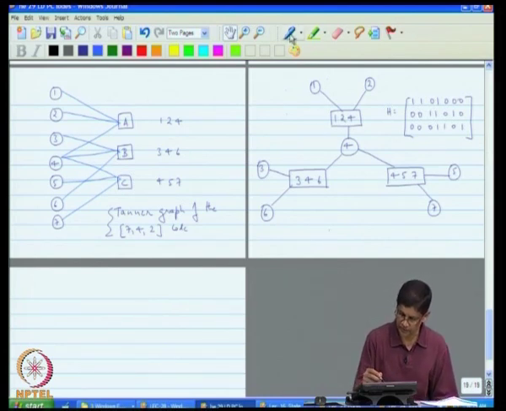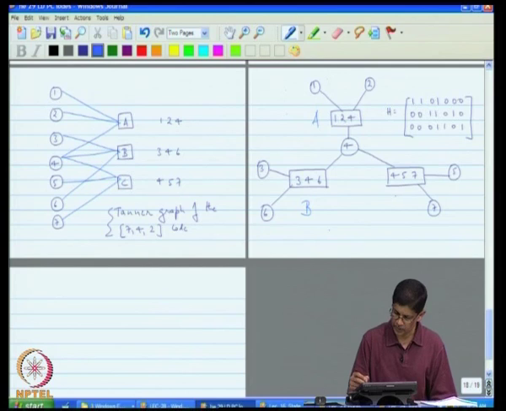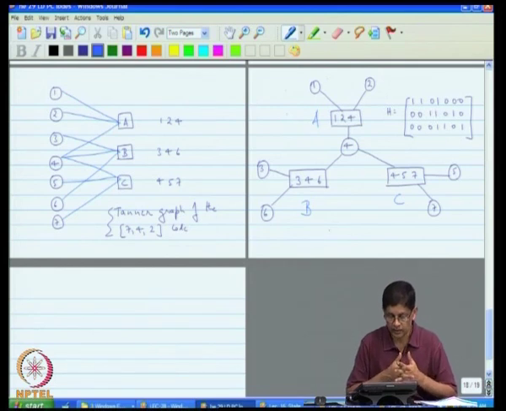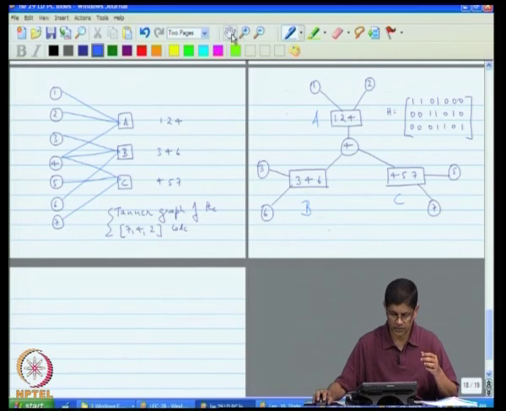Let us write here A, B and C. And it turns out that there is more to it than that. There are various possible message passing algorithms that are adopted on a Tanner graph to decode LDPC codes.